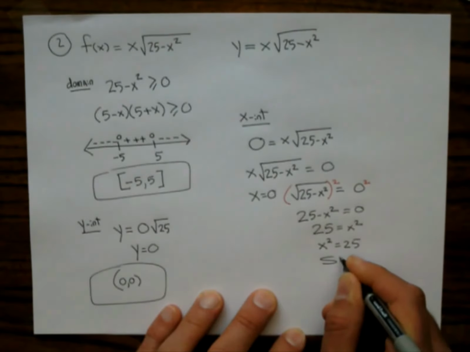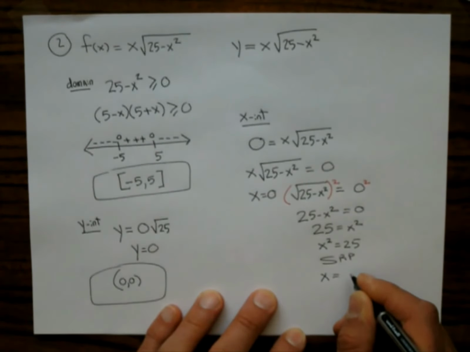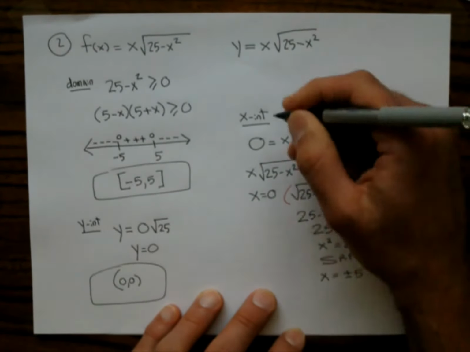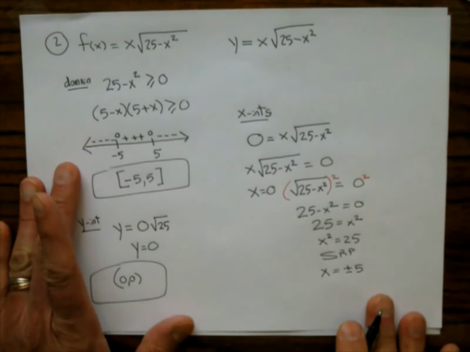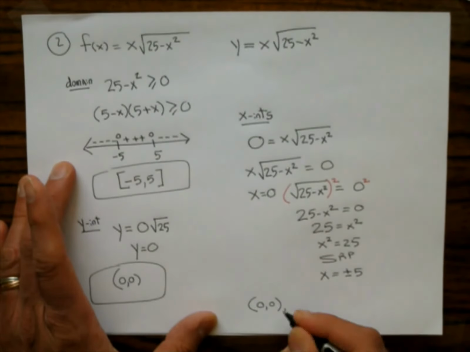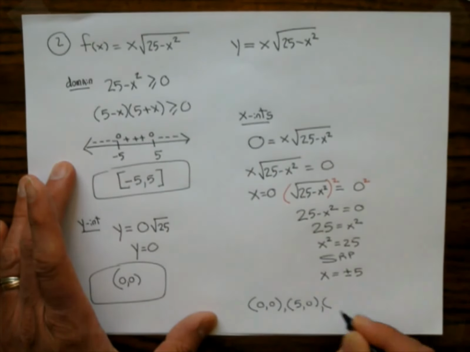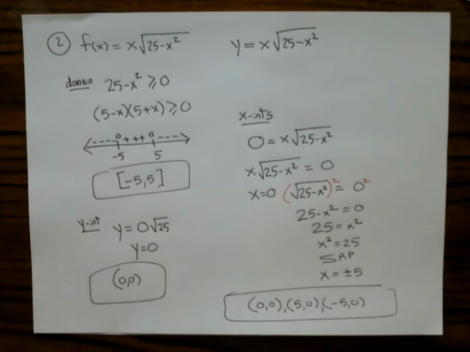I'm going to do the square root property, which gives me x equals plus or minus the square root of 25, plus or minus 5. So it looks like this one has to be plural as well. And my x-intercepts, there's 3 of them: 0, 0, 5, 0, and negative 5, 0. And so that's good to know, what your intercepts are when you're graphing.